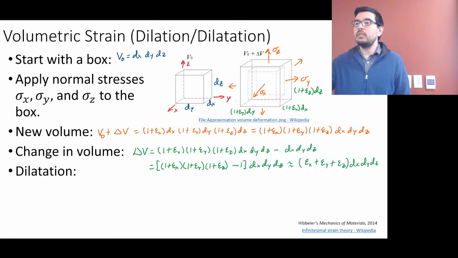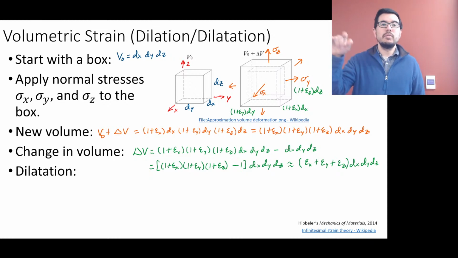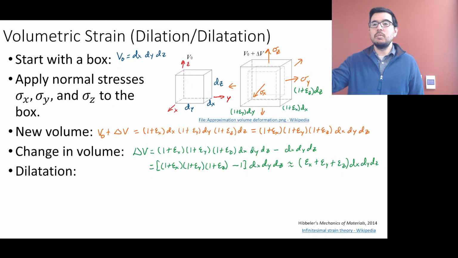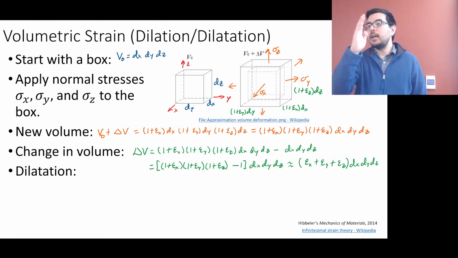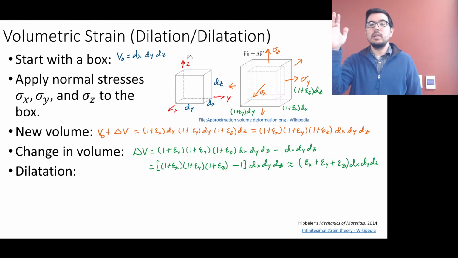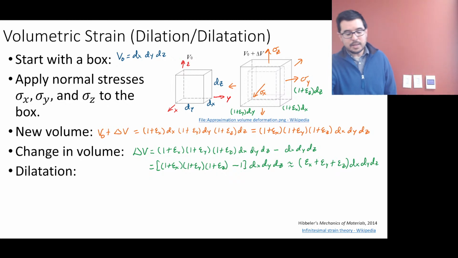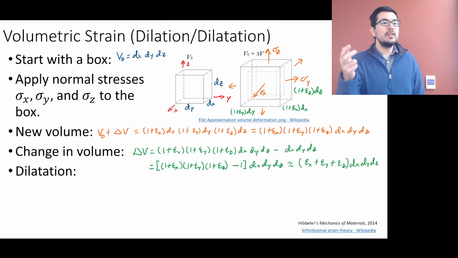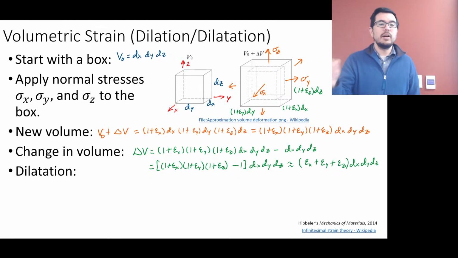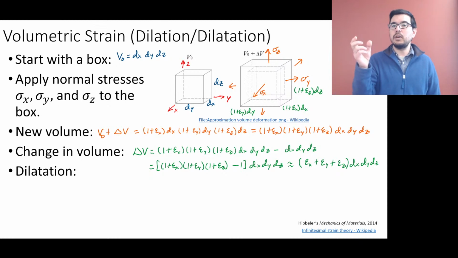You apply FOIL, and then you distribute that resulting nastiness times the 1 plus the remaining epsilon, right? So you're going to get a 1, and then you're going to get some epsilon x term, some epsilon y term, some epsilon z term, okay? And you'd also get some like epsilon x, epsilon y, epsilon z. You get some cross terms as well.